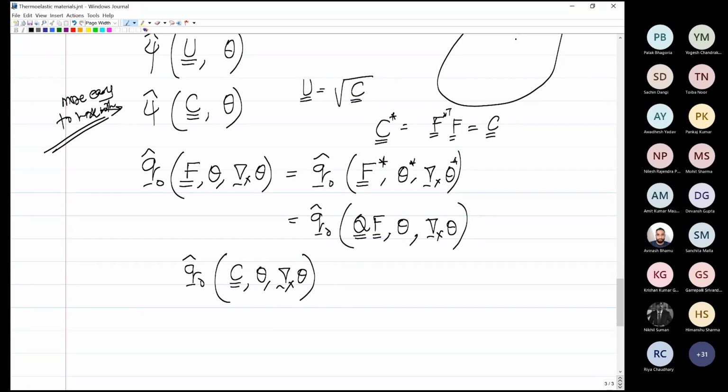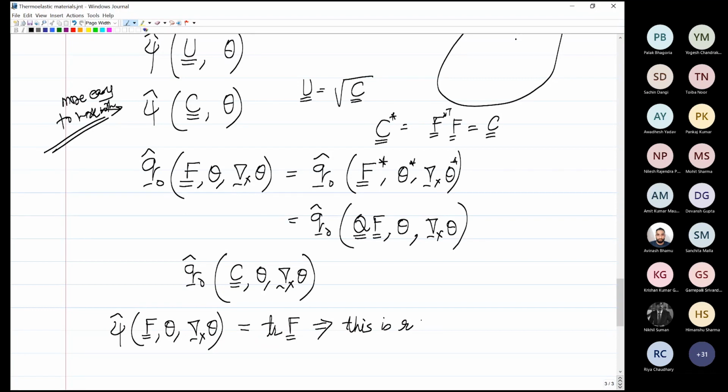So what are the functions which are ruled out, for example? If you say you have the function psi hat of F, theta, grad theta, and you say, okay, let us choose this function to be trace of F, then this is ruled out. This is ruled out from objectivity, because then psi hat of QF, so trace of QF, is not the same as trace of F, right?